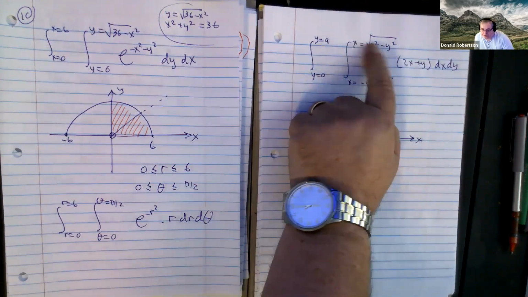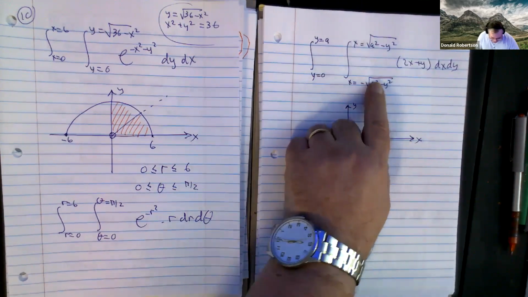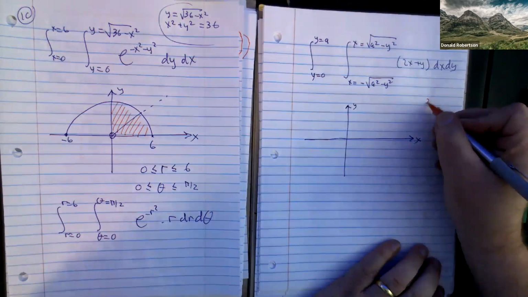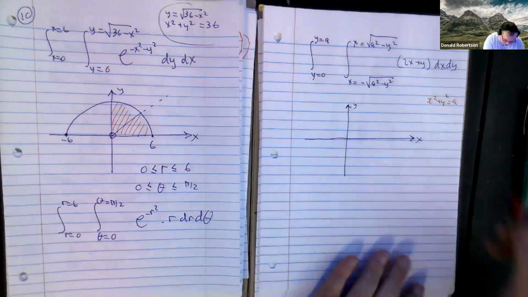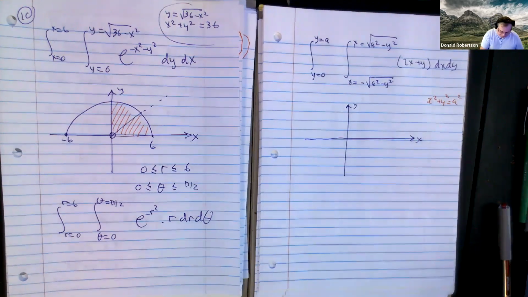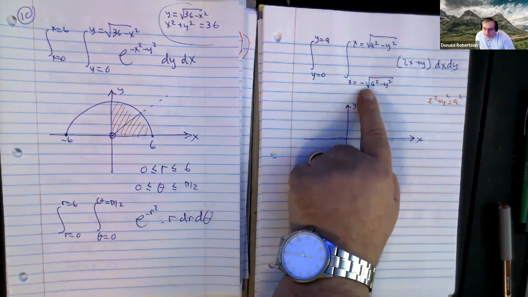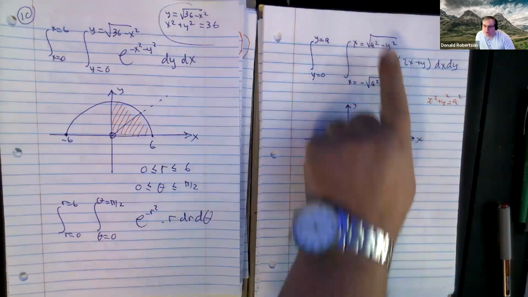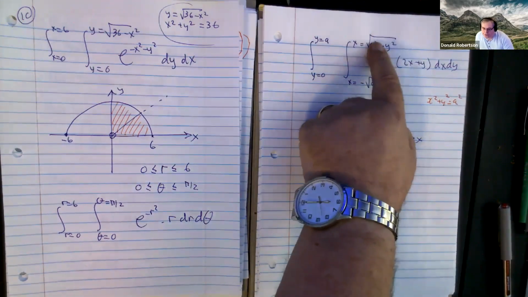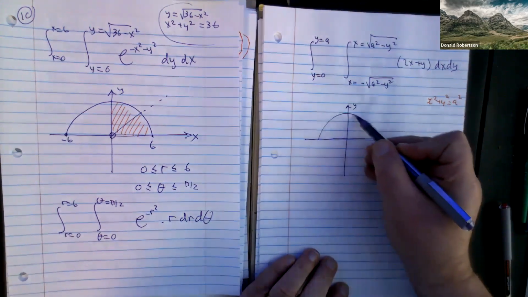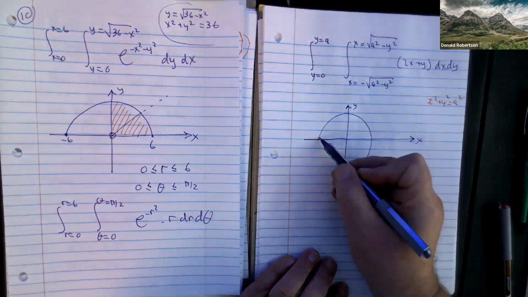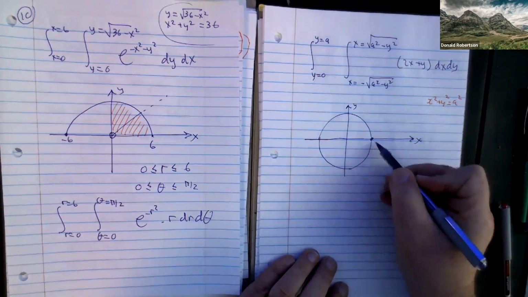If you rearrange this one and you rearrange that one, you get the same thing. It ends up being a circle of radius a. Now, since x is positive and x is negative, that means it's a whole circle, and the radius is a.